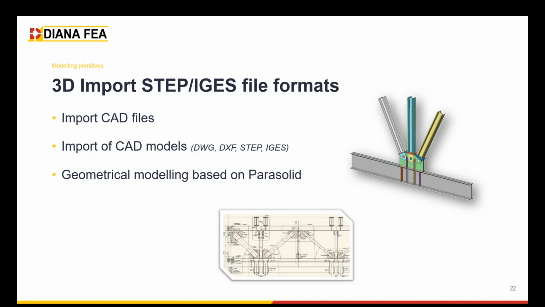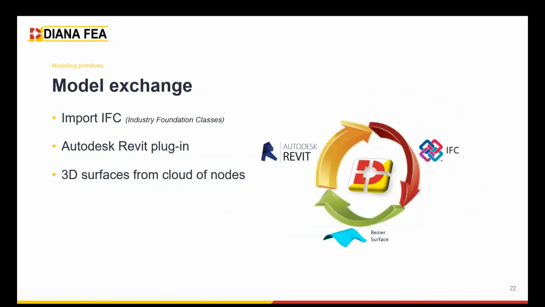Diana can handle DWG, DXF, STEP, and IGS file. You can also import file for IFC file format if you are using Revit. Furthermore, if you are dealing with terrain geometry, for instance, you can import a cloud of nodes and generate what we call a Bezier surface in Diana from this cloud of nodes. This is also a powerful feature.